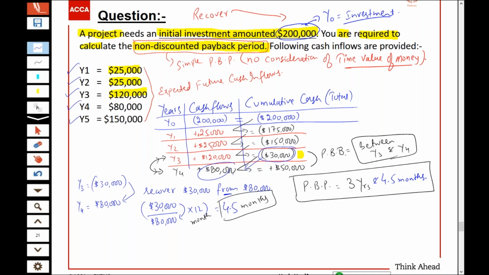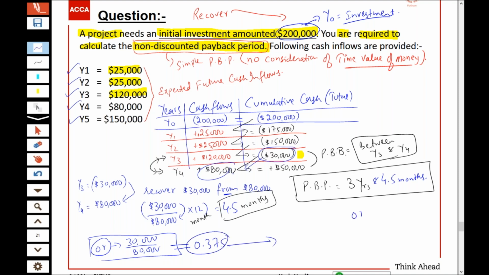Or ignoring the months, if I will be simply dividing 30,000 divided by 80,000, 30 divided by 80, that is 0.375.